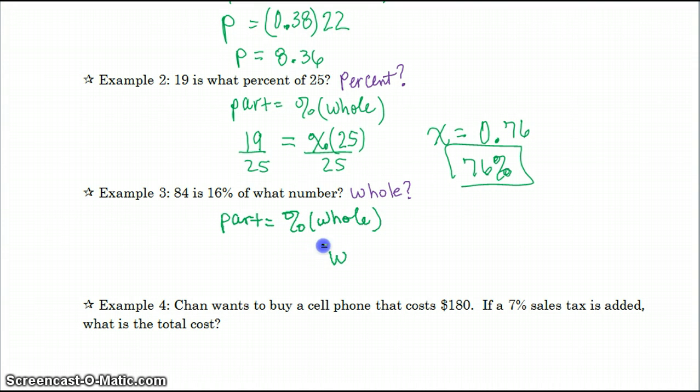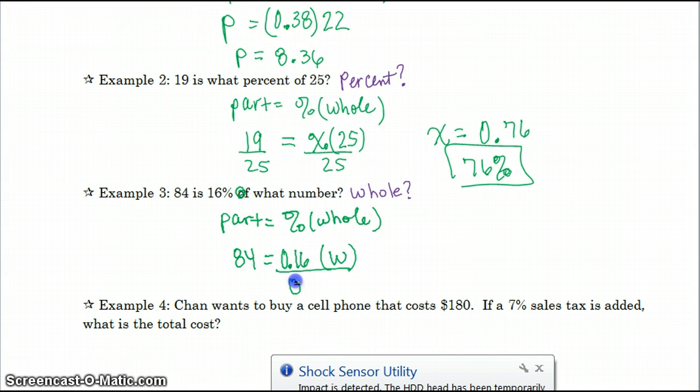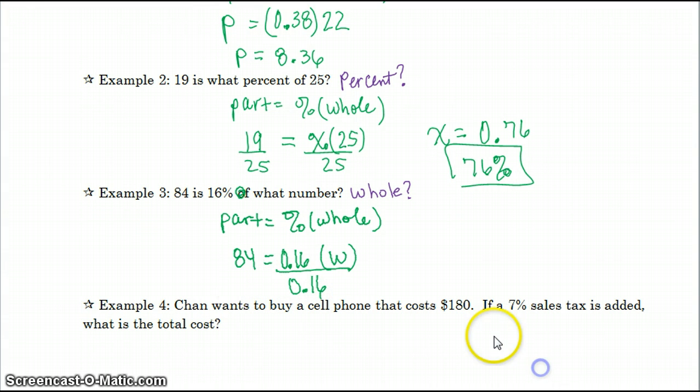Whole is what I'm looking for, so I'll make that W. My percent is 16, so move that decimal to the left and we get 0.16. And 84 is 0.16 of the whole. Again, that of signals that that's where you're multiplying. Divide by 0.16, and W equals 525. So that's the whole.